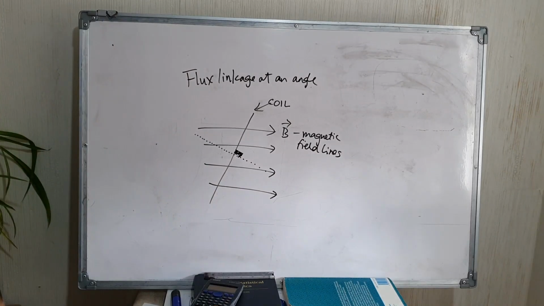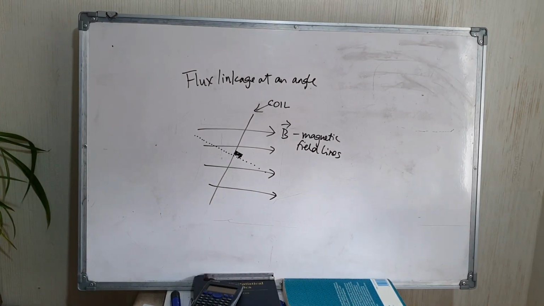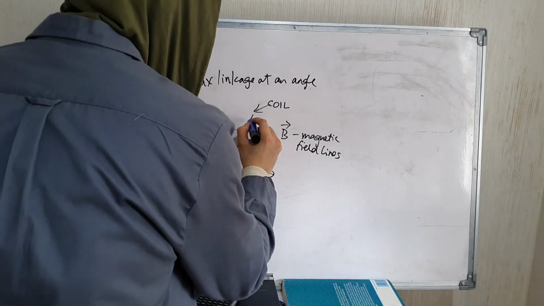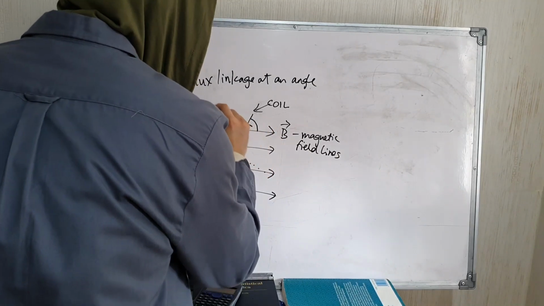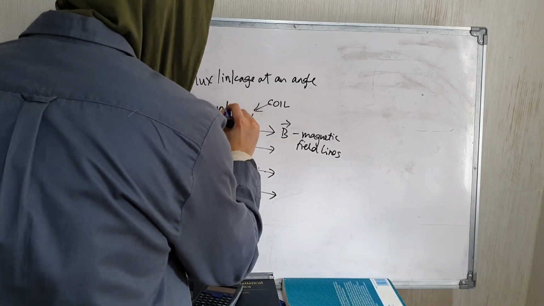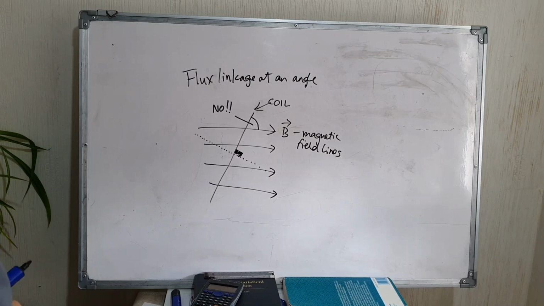Now you don't want the angle between the coil and the magnetic field lines. So this is not the angle. You want the angle between the normal and the magnetic field lines.